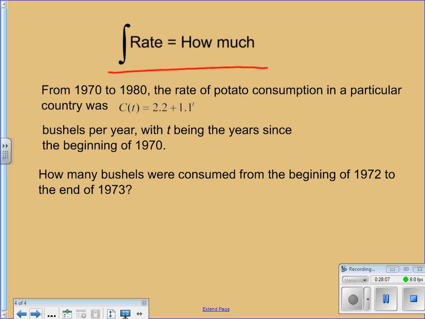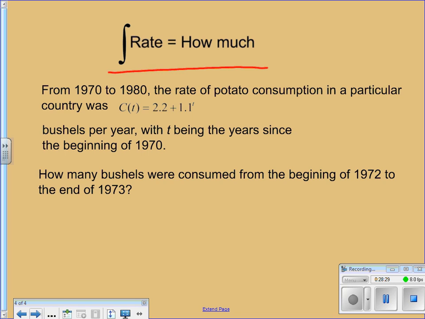If we have gallons per hour draining out of a tank, you can integrate that over a particular time period to find how many gallons have drained out in that time period. If you know the rate, you can figure out how much.